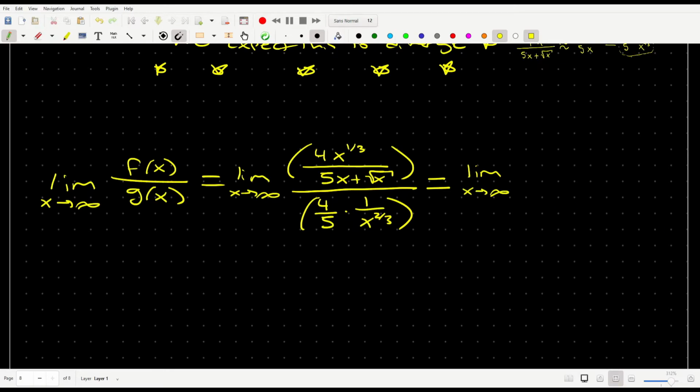So first off, we can rewrite this a little bit by bringing x to the 2/3 to the top. The 4's also cancel one another. So we bring together all these fractions. At the top we'll have 5x to the 1/3 plus 2/3, which is just x to the 1, divided by 5x plus the square root of x.